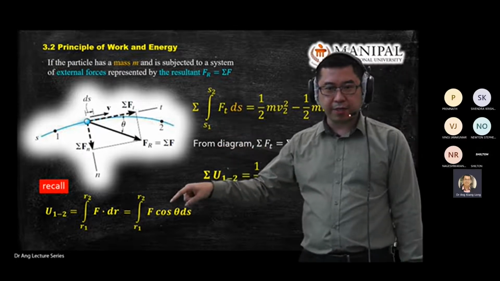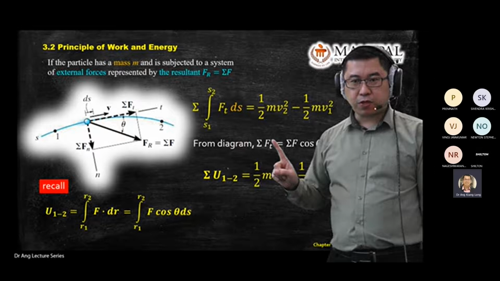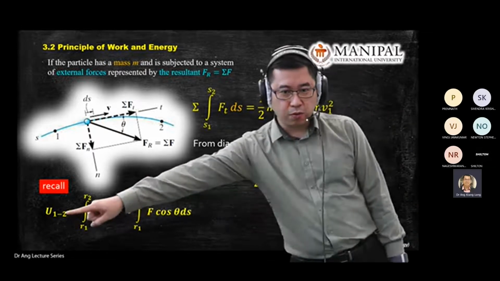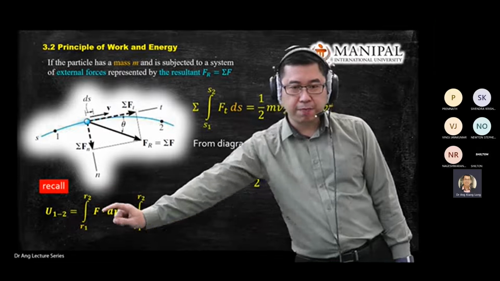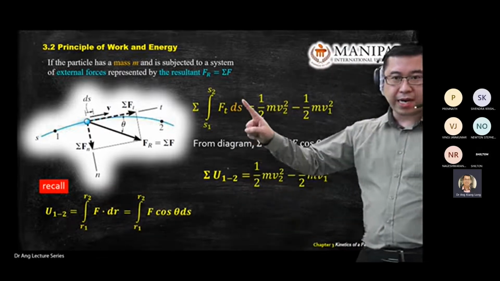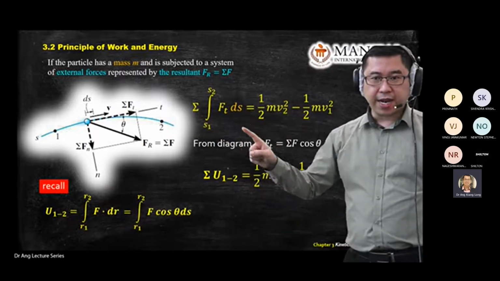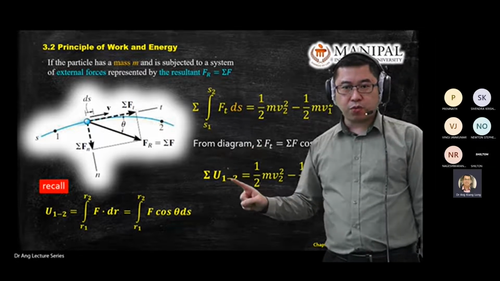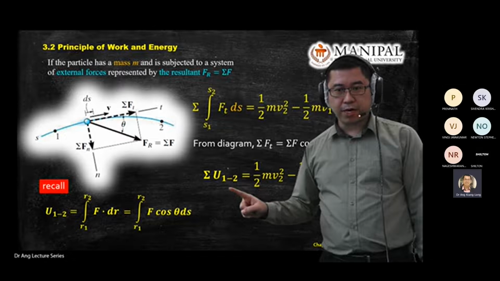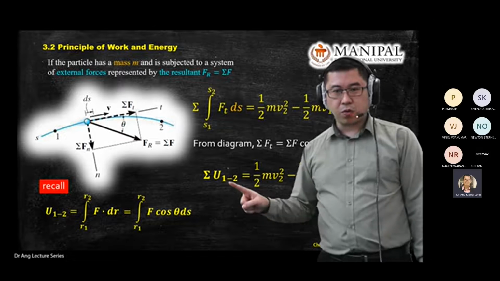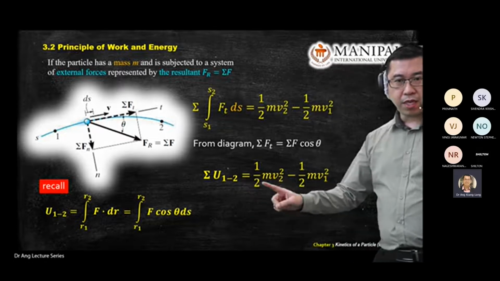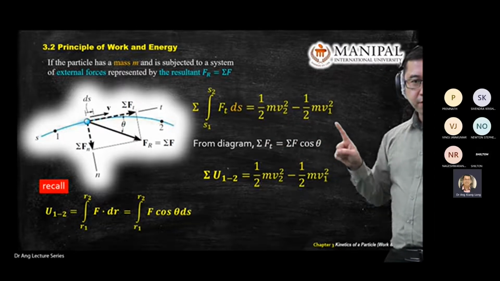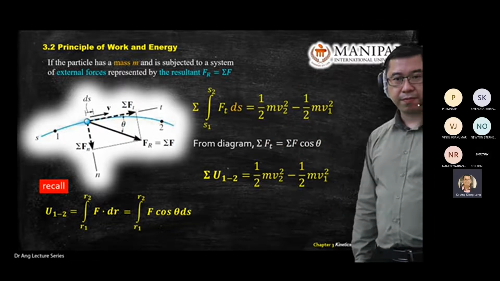Do you see the pattern? When you substitute this one in, you see this one. This one equals work from one place to another place. That's why on the left hand side, at the end, you get this form. The work from one location to another location, 1 to 2, equals the previous calculation that you derived. You just copy.